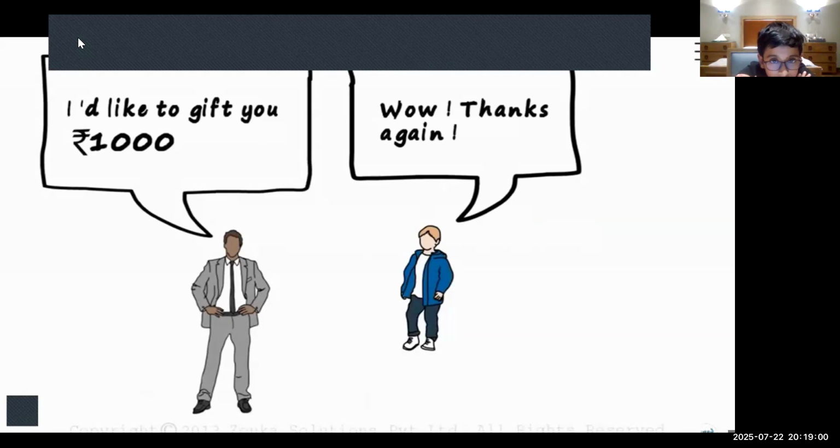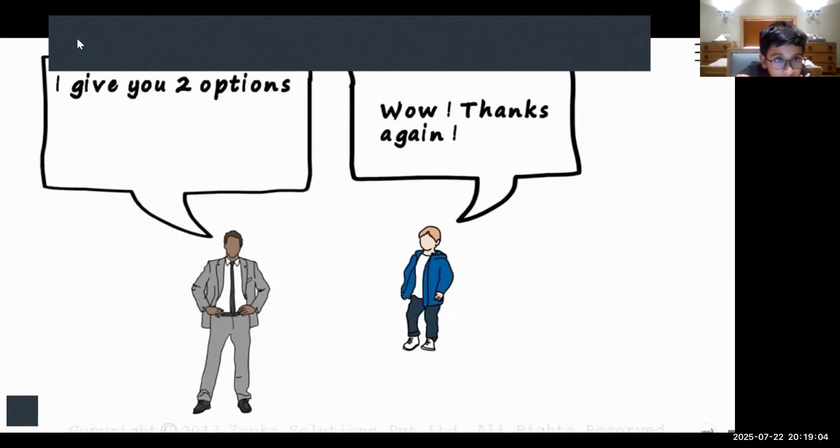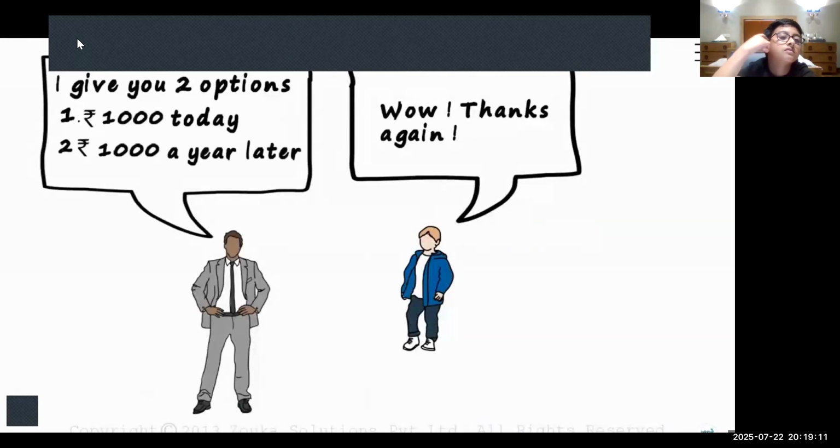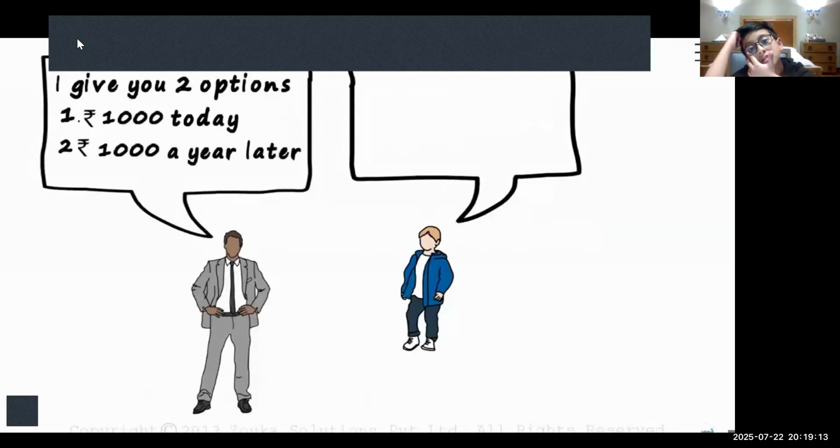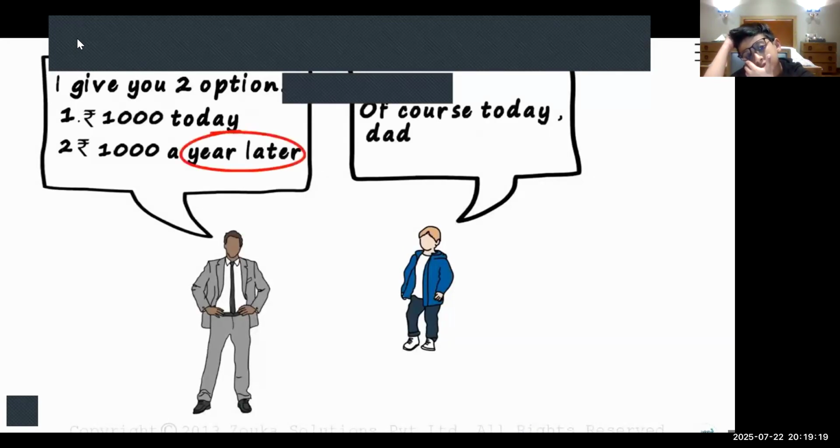Gaurav is elated and his dad then tells him, "Okay, son, I give you two options. One, you either take your 1,000 rupees today or exactly a year later. Which one would Gaurav prefer?" Gaurav says, "Of course today, Dad. Gaurav does not want to wait for another year."